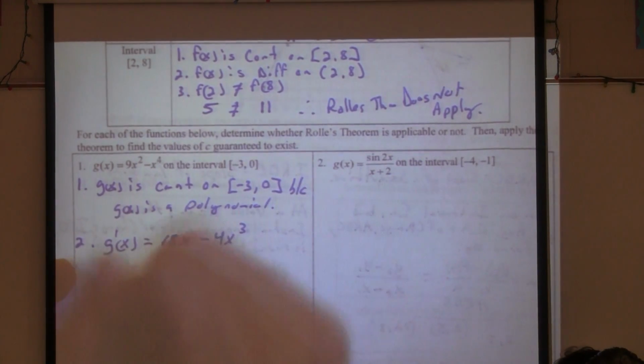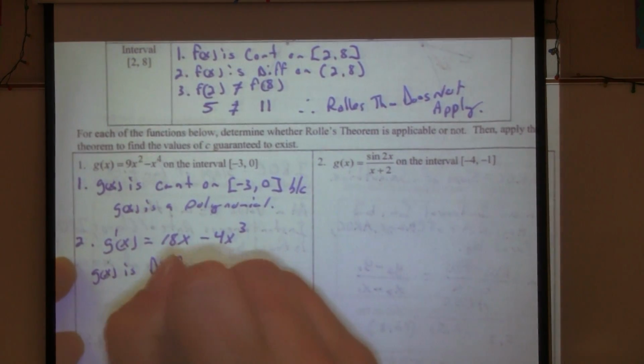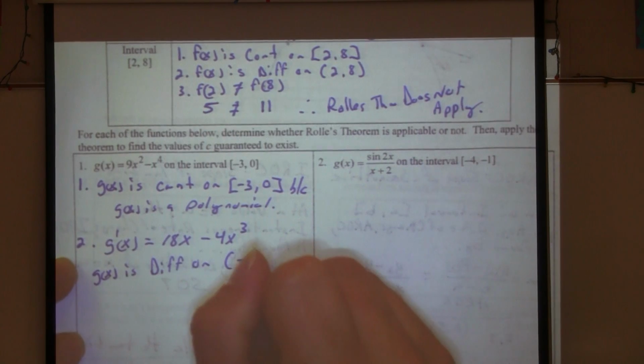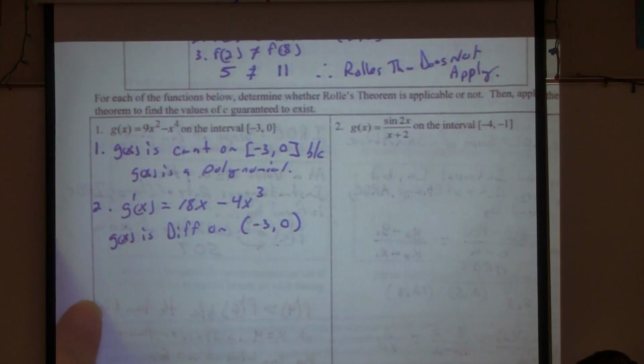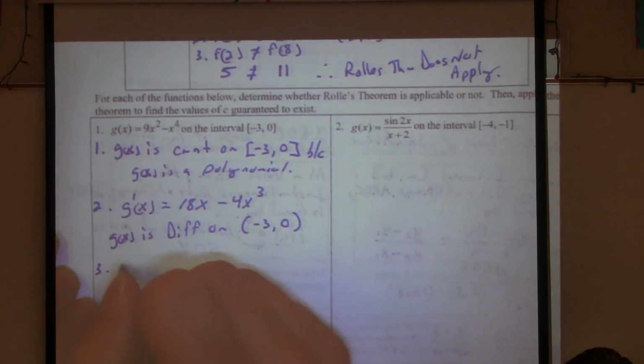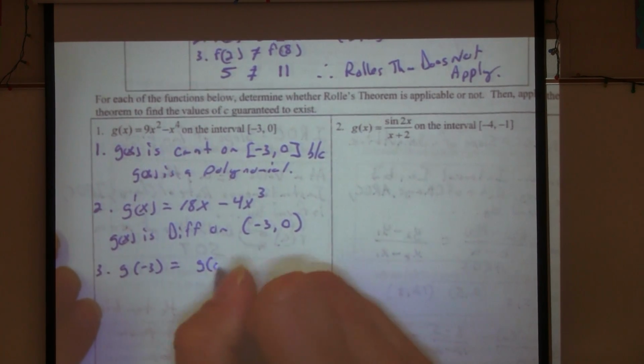Alright, so since this is good, we can say g of x is differentiable on the open interval -3 to 0. We can move on to the third checkpoint, and that's that g of -3 is equal to g of 0.